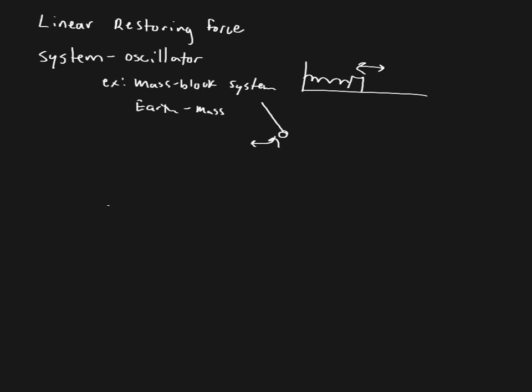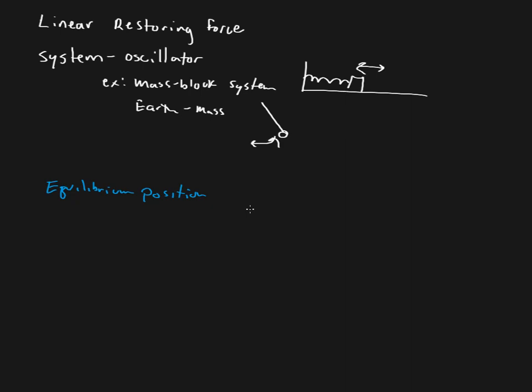Okay, so first let's review a few terms that are going to be central to understanding simple harmonic motion. And the first is going to be equilibrium position. Okay, and the equilibrium position, if you recall when we looked at springs, is just where the spring was at its natural length.